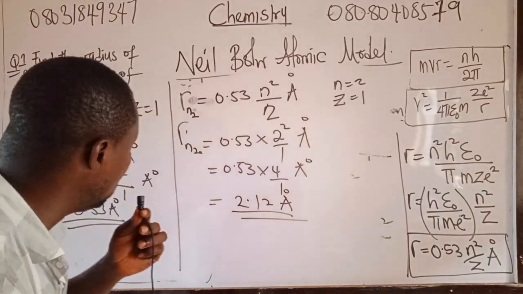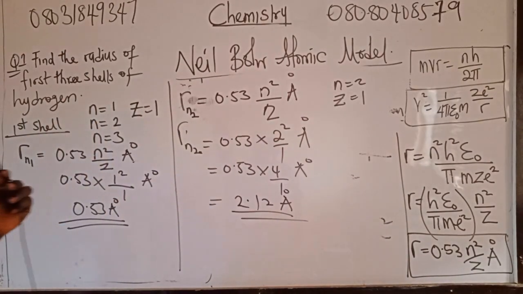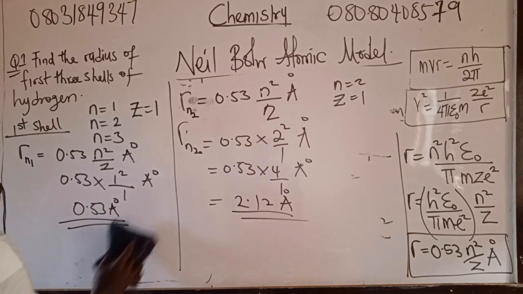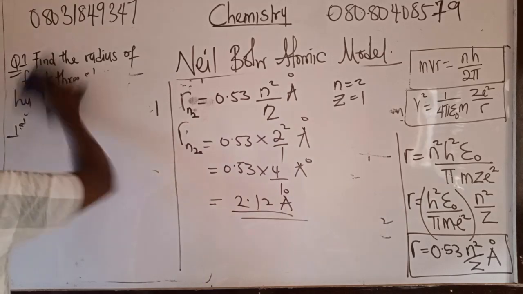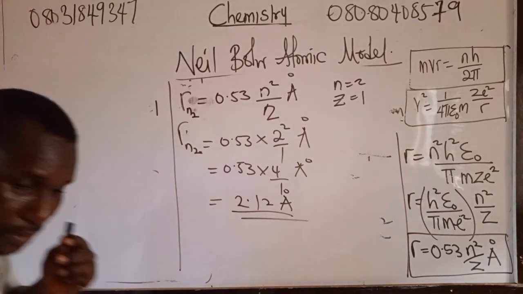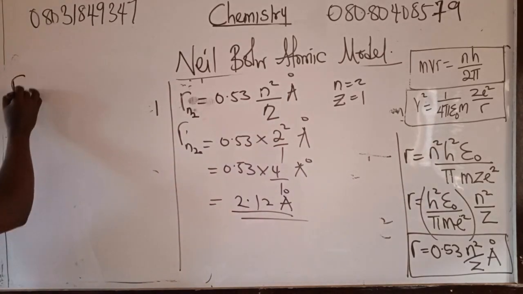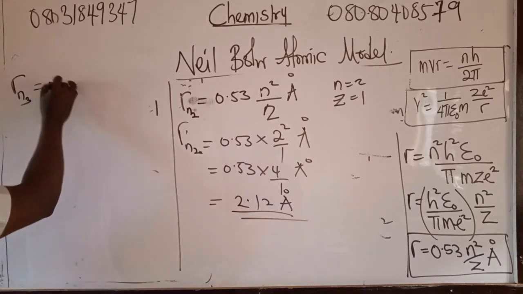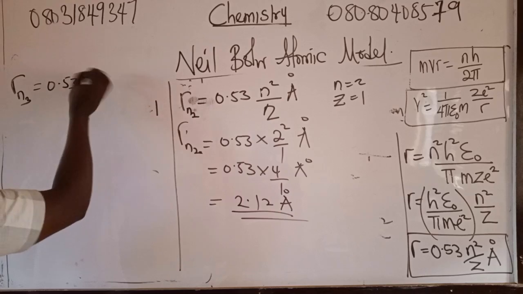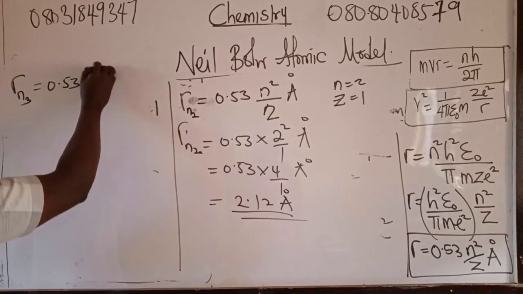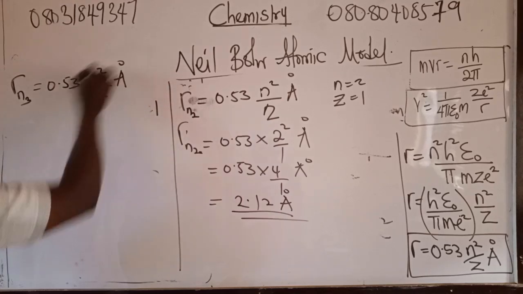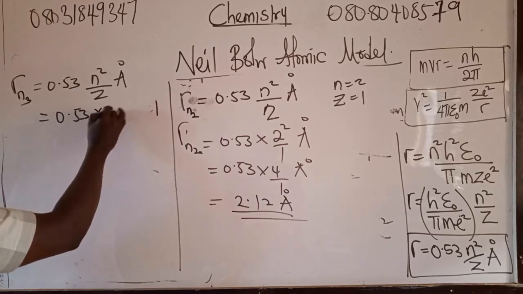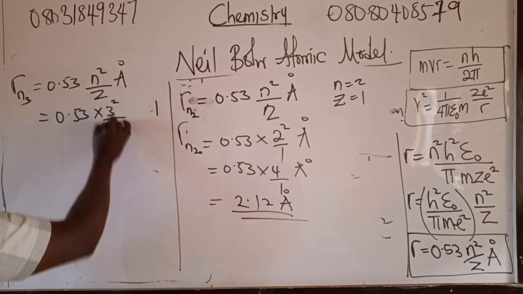Then let's look at the third one, when n equals 3. For the third shell, the radius is 0.53 n squared over Z Angstrom. We have 0.53 times 3 raised to power 2 over 1.